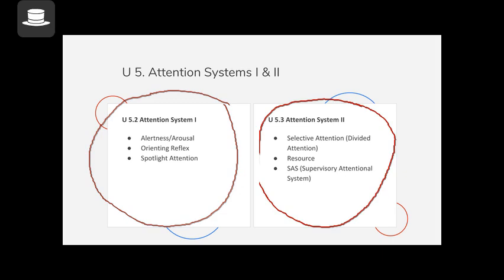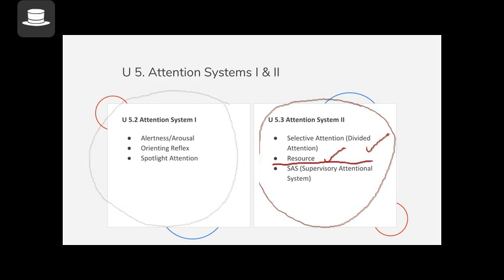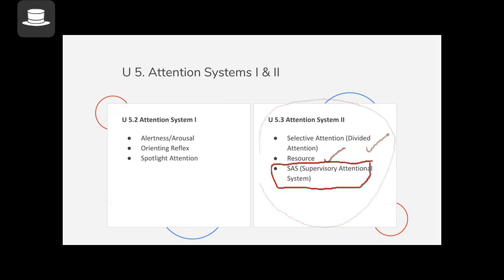When we say attention system two, we are referring to selective attention, then attention as a resource, and the supervisory attentional system. But we'll not talk about the SAS, or supervisory attentional system, in this unit. We'll talk about it in the next unit. Another name for the supervisory attentional system is short-term memory or working memory.